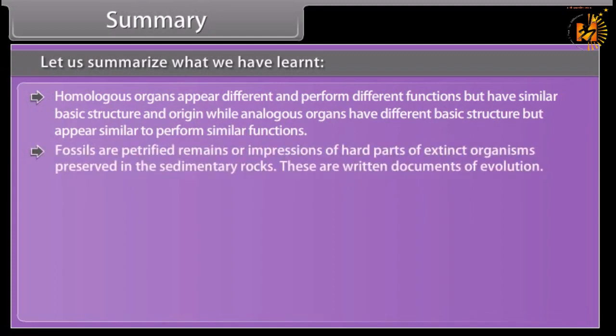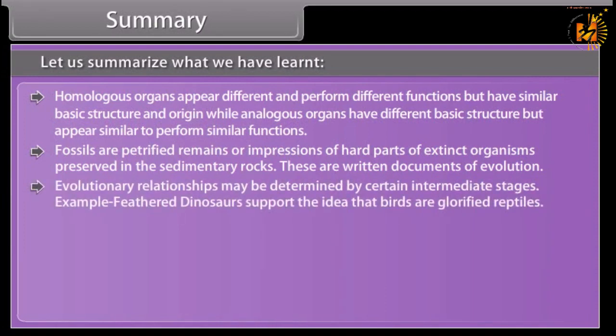Fossils are petrified remains or impressions of hard parts of extinct organisms preserved in the sedimentary rocks. These are written documents of evolution. Evolutionary relationships may be determined by certain intermediate stages. Example: feathered dinosaurs support the idea that birds are glorified reptiles.